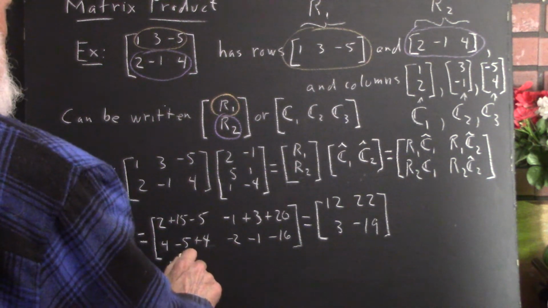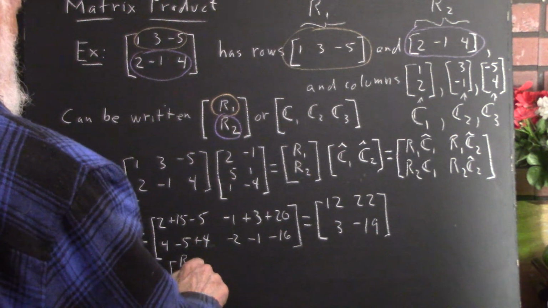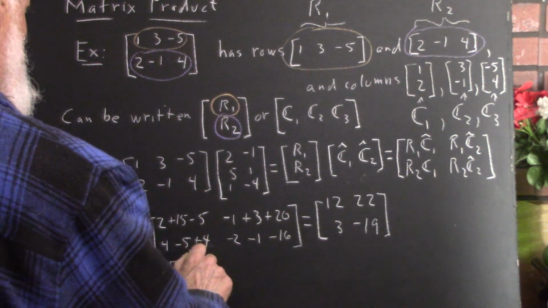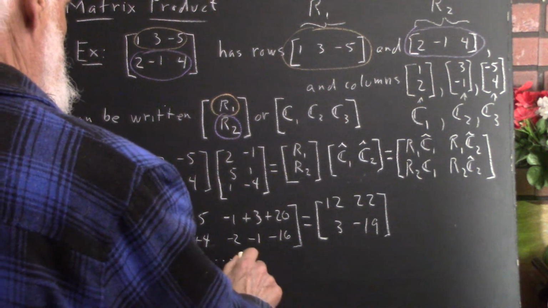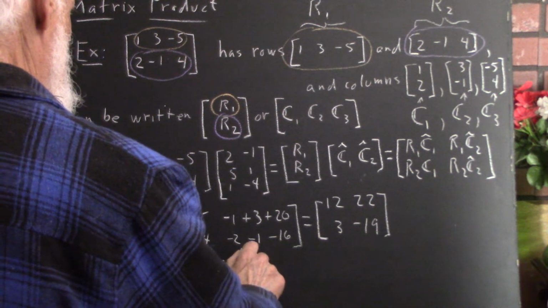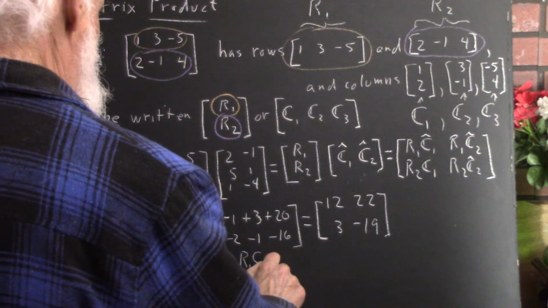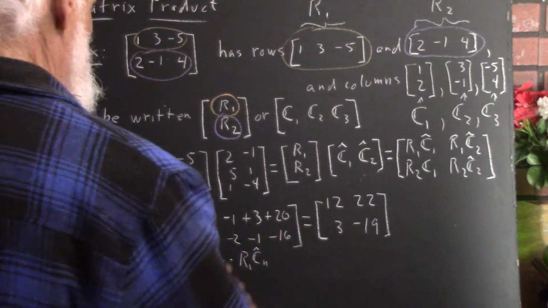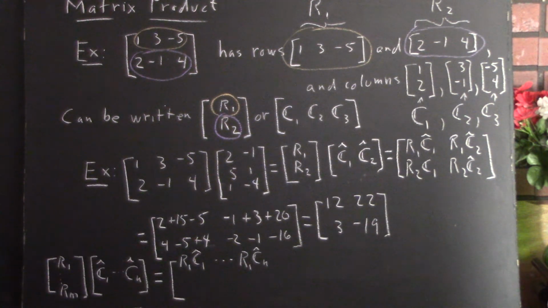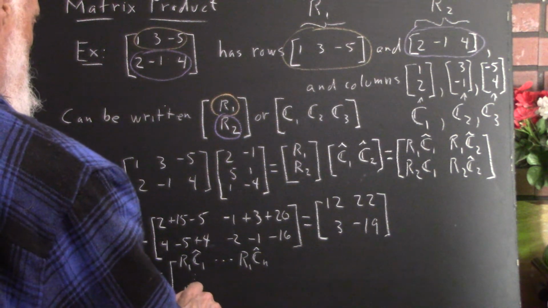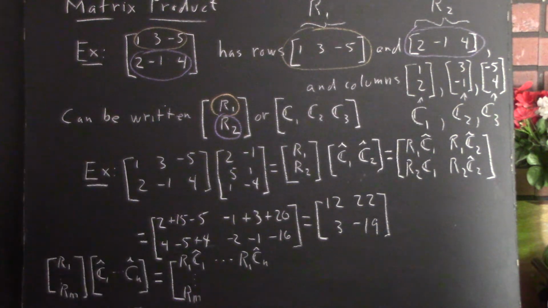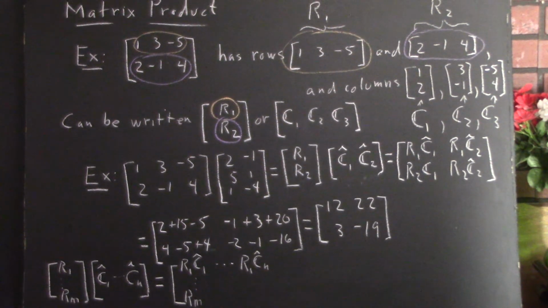your result is row 1 times column 1 hat all the way up to row 1 times column N hat. And it comes down here to row M, and let's make sure I can see that M. Let's adjust the camera just a little bit, excuse me.